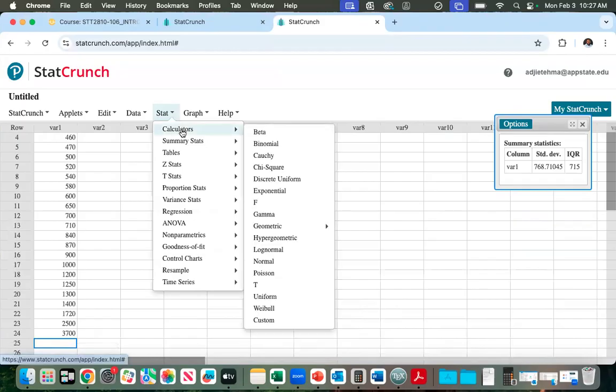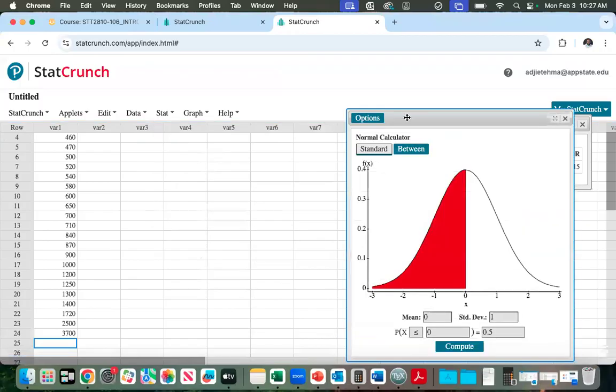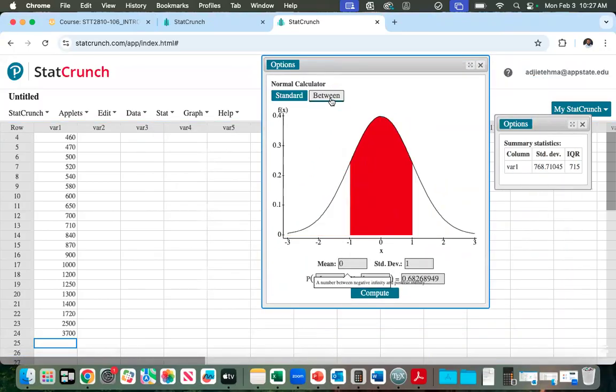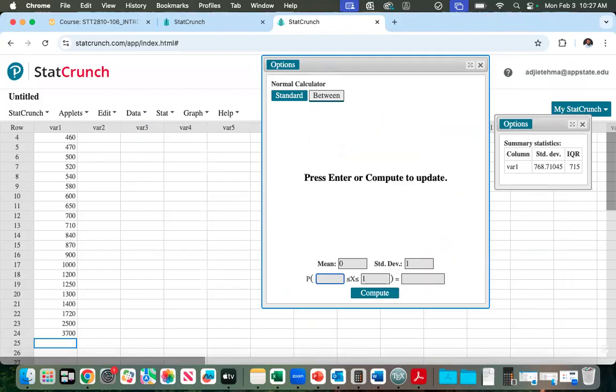We go to Calculators, and then we go to Normal. I put in between here 0 and then 1. And then let me put 0.7, 1.98.